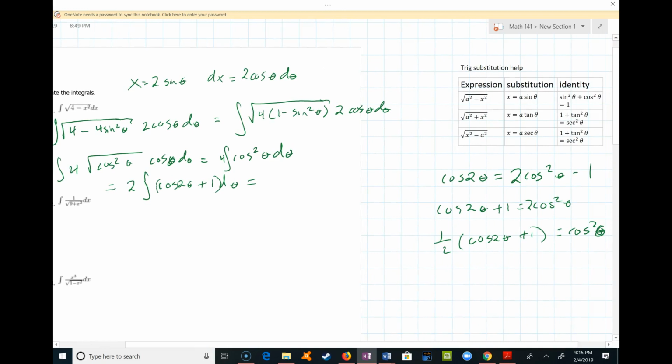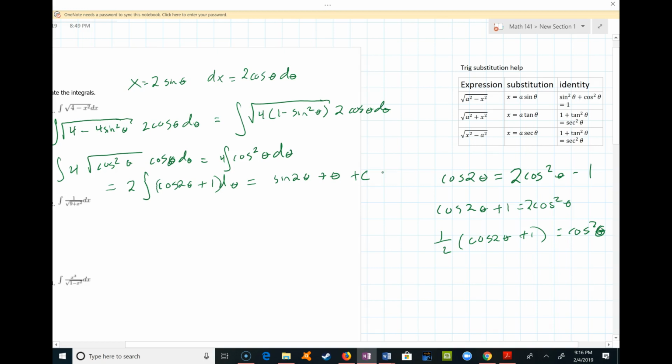That comes from sine of 2 theta, and the derivative of sine of 2 theta would be cosine 2 theta times 2, and there's a 2 out there, so that's perfect. Then this would be plus theta, and plus C. But of course we can't leave it as plus theta and plus C.